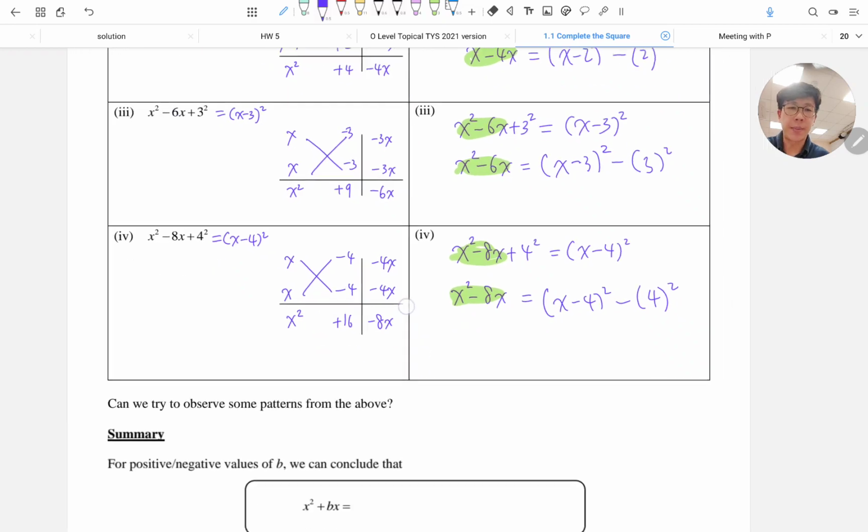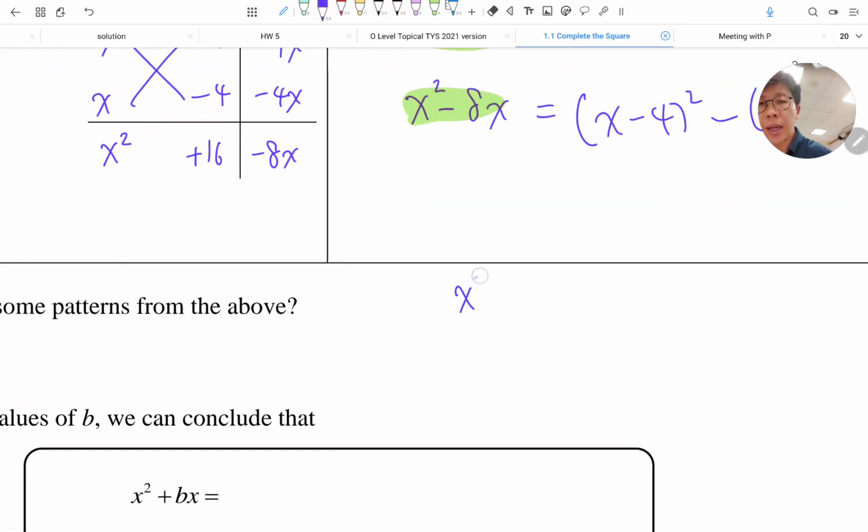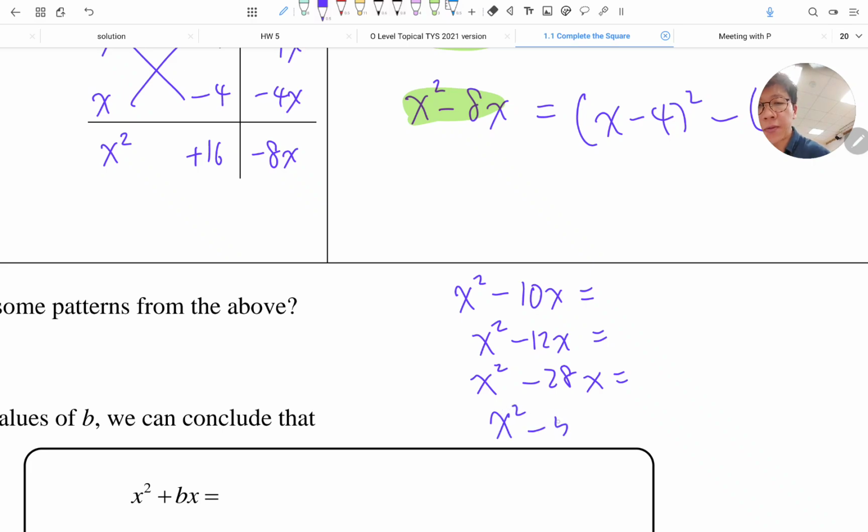So, what's the pattern? The pattern is this. X squared minus 10x equals to what? X squared minus 12x equals to what? X squared minus 28x equals to what? And x squared minus 5x equals to what?